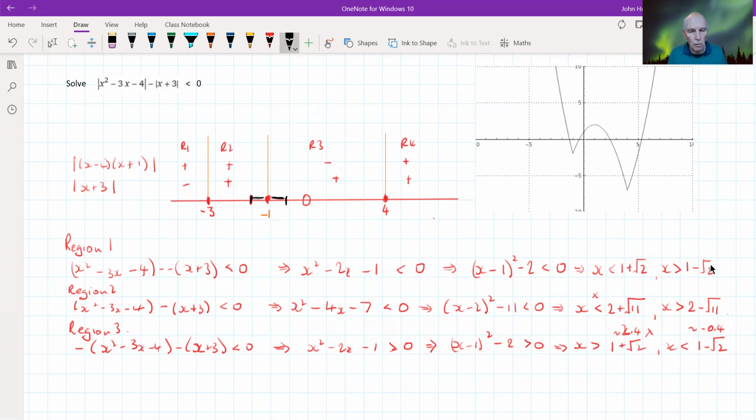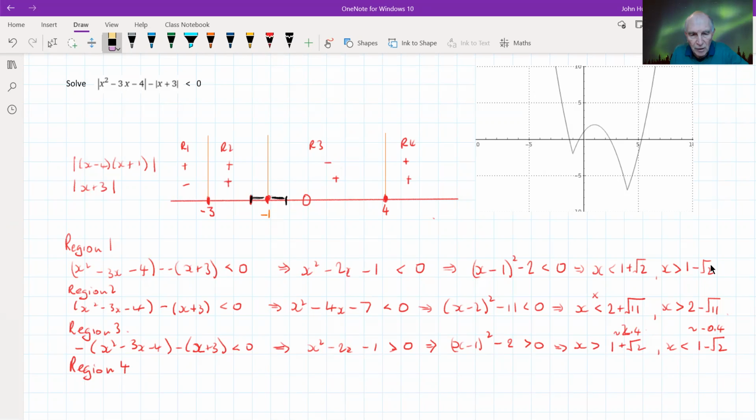Okay, so there we've got one region, and we know from our graph over here we're actually going for another region, aren't we? So let's just carry on with it, and we'll finally look at region 4. Hopefully this is going to give us two values. Okay, let's just rewind on this, because obviously 2.4 is in our region.